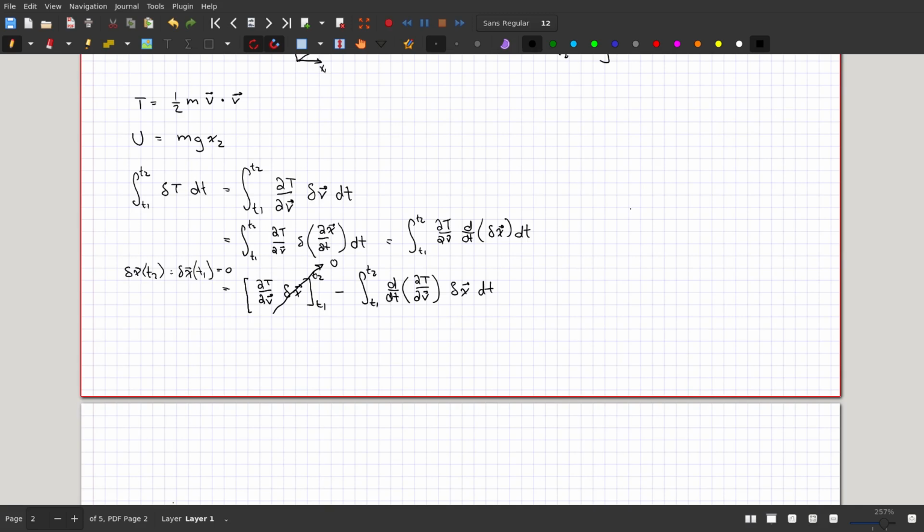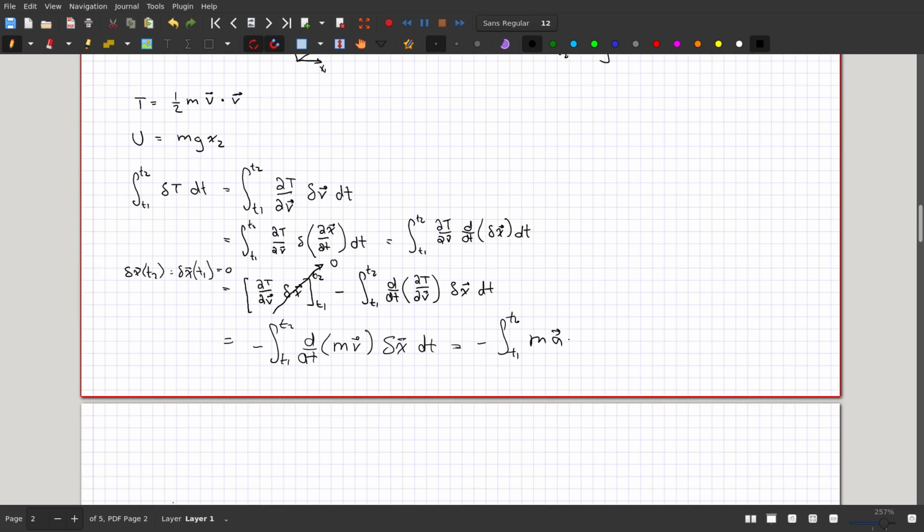So if we compute this, we get minus the integral from T1 to T2 of d/dt of mv, delta x dt, and that is equal to minus the integral from T1 to T2 of ma, where a is the time derivative of v, the acceleration, delta x dt.